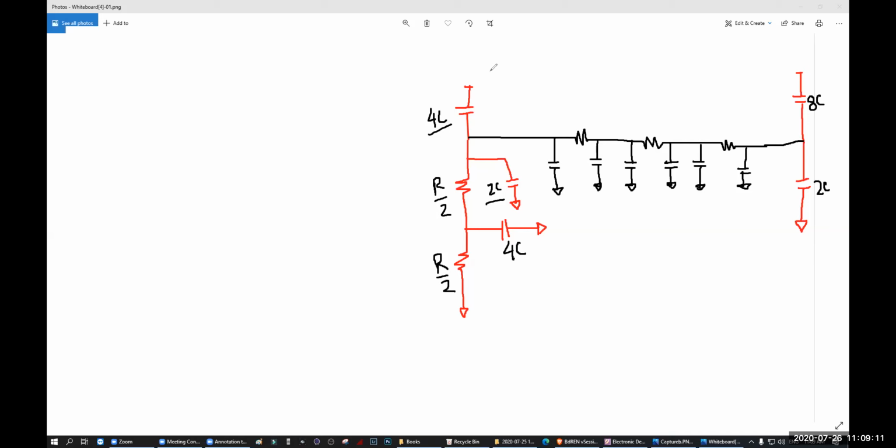We will consider them parallel. So they will become 6C. Then you have what? Okay, 6C, I'm going to write the 6C here.